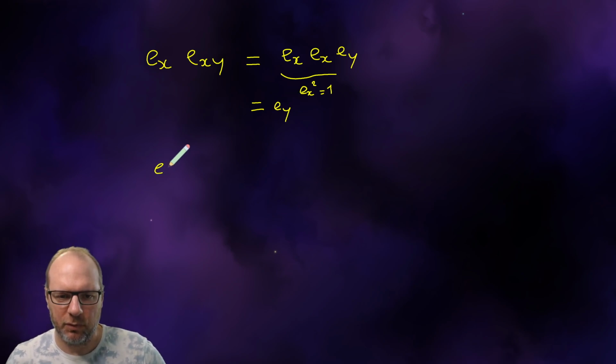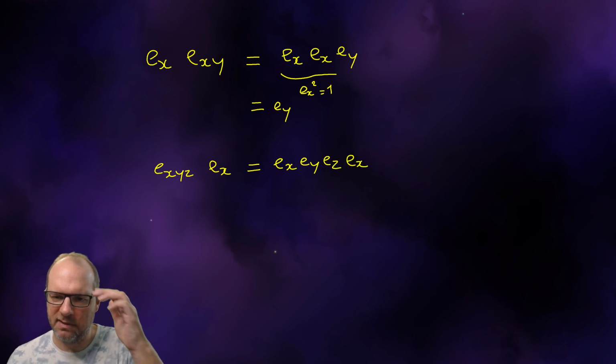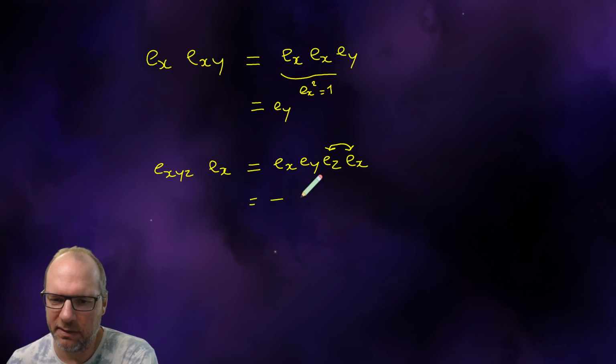For example, if we multiply the last one, the pseudo-scalar, by e sub x, what happens? We get e sub x, e sub y, e sub z, e sub x. Is this a new symbol in our algebra? Not really, because we can swap the order. We swap this one and this one, and we pick up a minus sign in front.